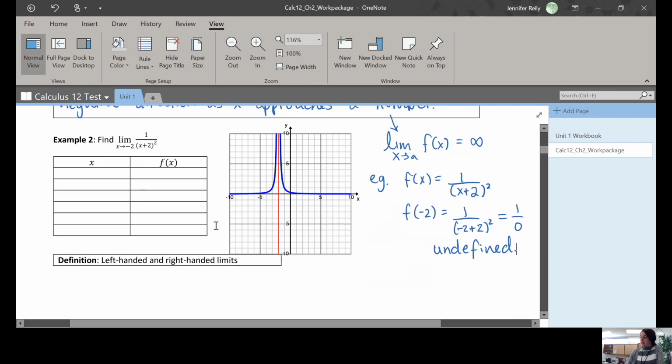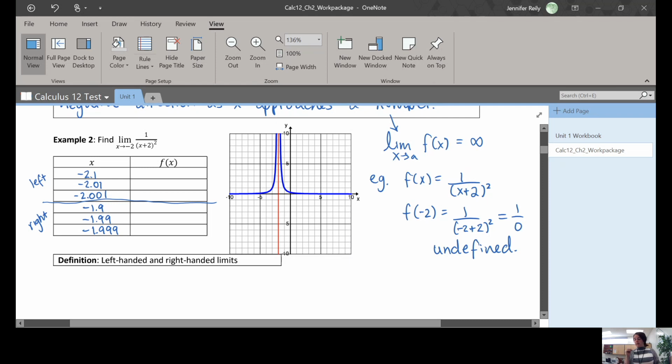So I'll show you what it looks like to be an infinite limit. So we're going to approach negative 2. Now I'm going to split this table in half. We're going to go from the left and the right. So we'll start with values a little bit less than negative 2, like negative 2.1, negative 2.01, negative 2.001, and then values a little bit greater than negative 2, so like negative 1.9, negative 1.99, negative 1.999.